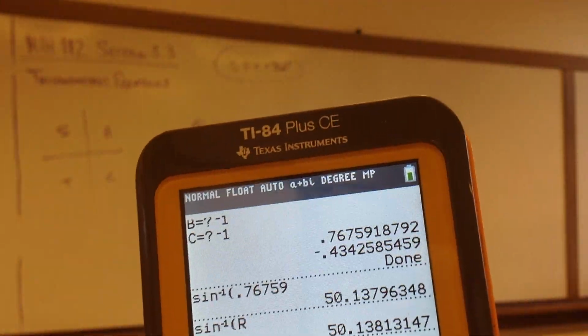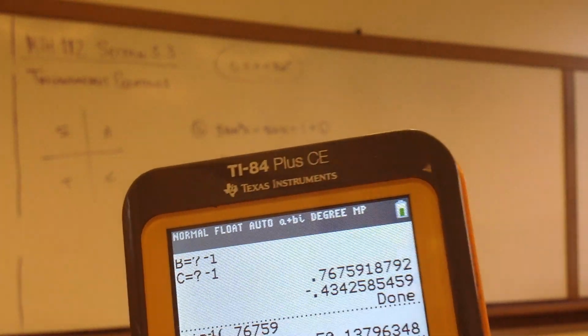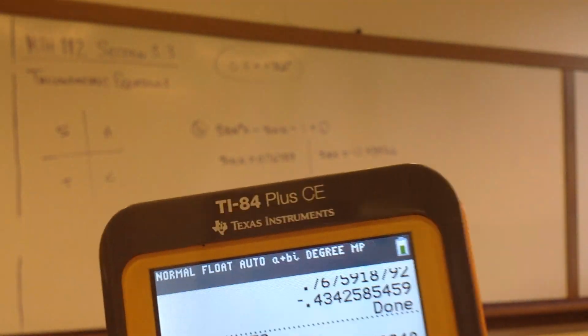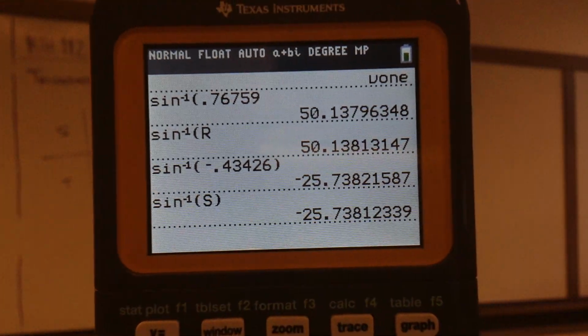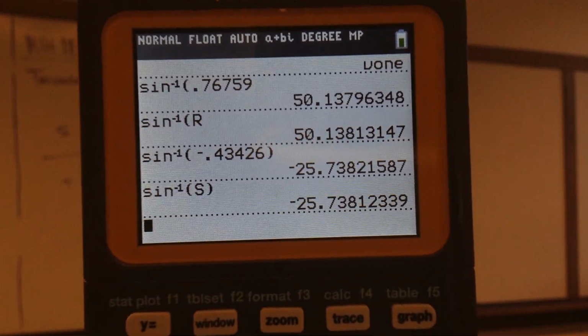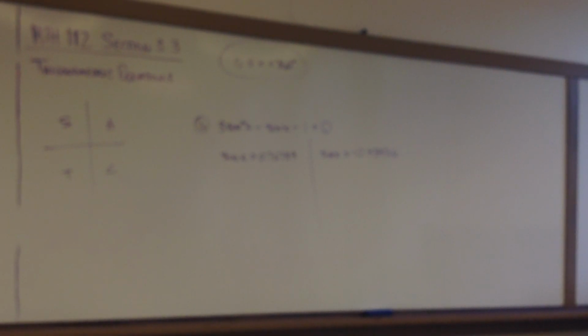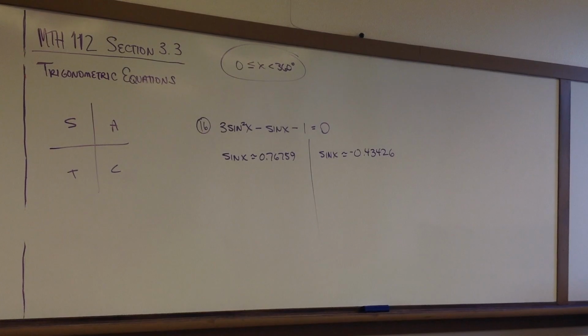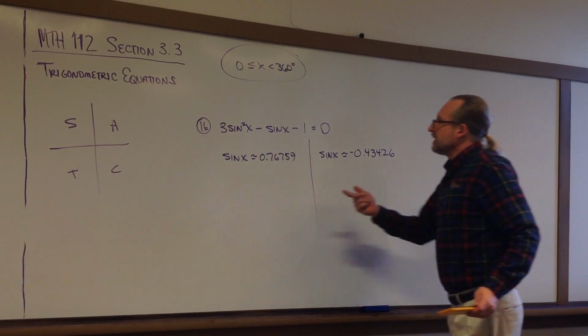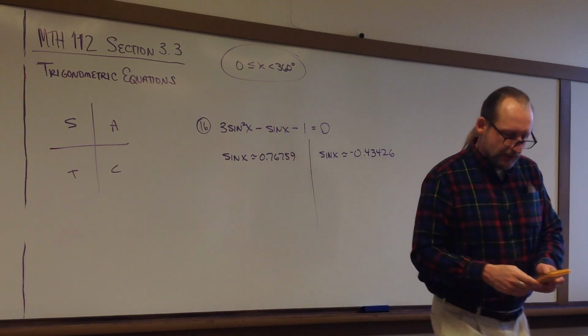Sine inverse of negative 0.43426 versus inverse sine of S, because that's what that full value is stored as. And again, they match up to the thousandths place, and then there's discrepancy. So as long as you do a good job of rounding the answers, you don't have to worry about too many decimal places after that. But it's good to get 4 or 5 decimal places of accuracy for these values.